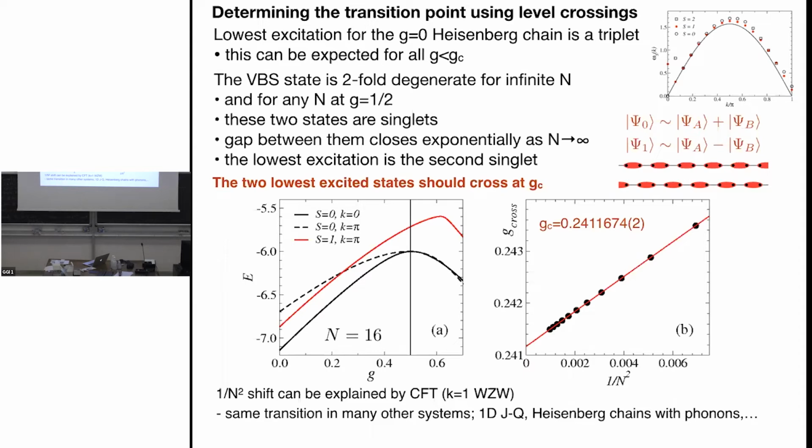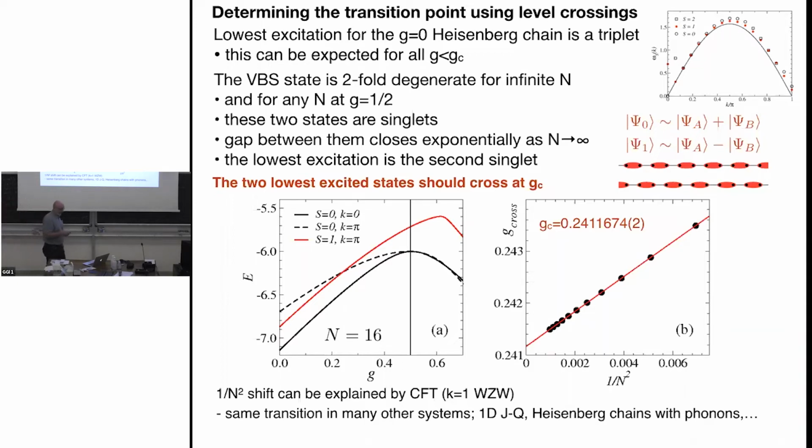One can formulate that in 1D as well, and that has exactly this kind of transition as well, including this kind of point that you can find using level crossings. Also, if you include phonons, meaning essentially lattice vibrations in your Heisenberg chain, if the phonon coupling is strong enough, that also causes dimerization, and exactly the same thing happens there.